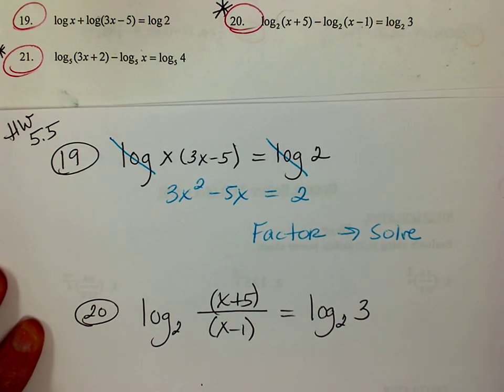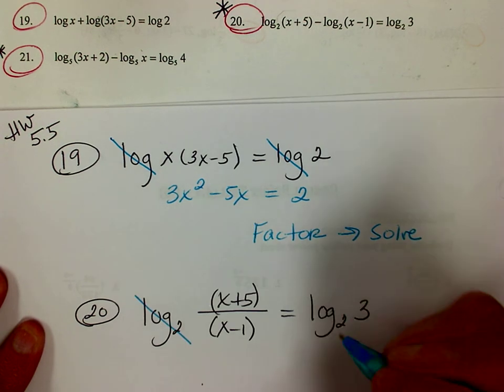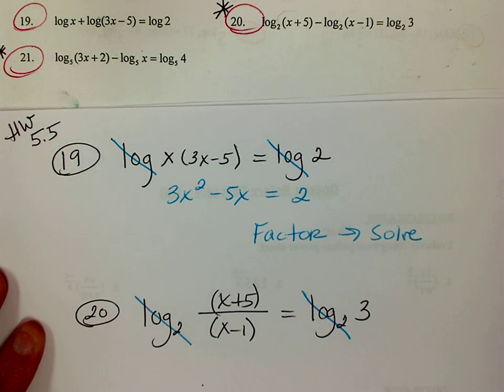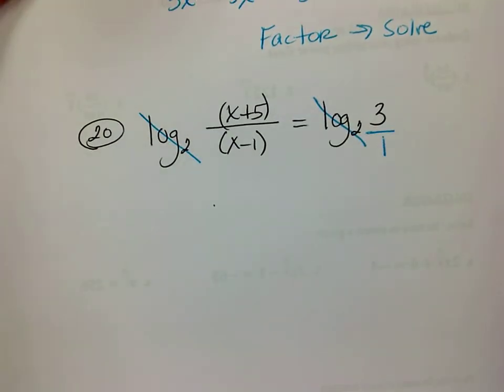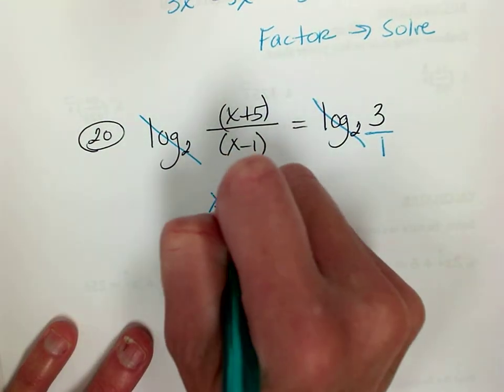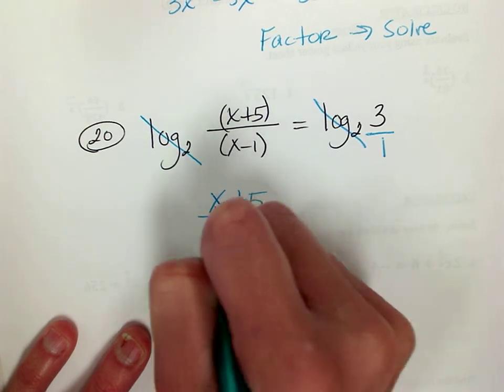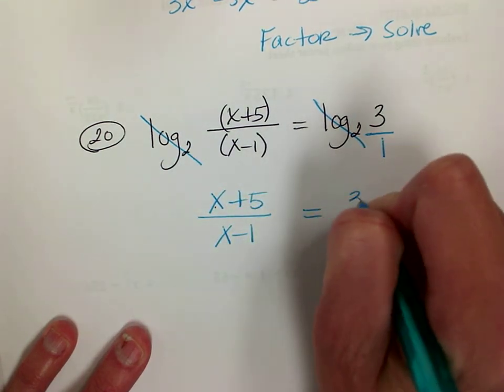Okay, so the logs are on both sides. Those are going to cross off. And what I'm left with here is, well, I could make it a proportion. So I could make this 3 over 1 if I wanted to. Let me rewrite what we got here. So I have x plus 5 over x minus 1 equals 3 over 1.